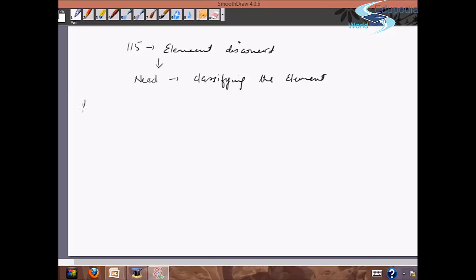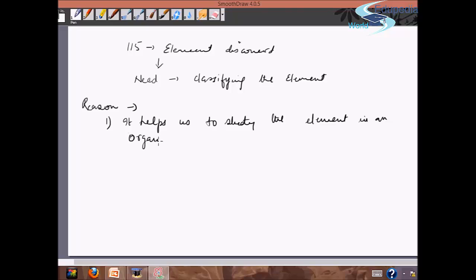Let's talk about the reasons to classify the elements. First, it helps us to study the elements in an organized manner.